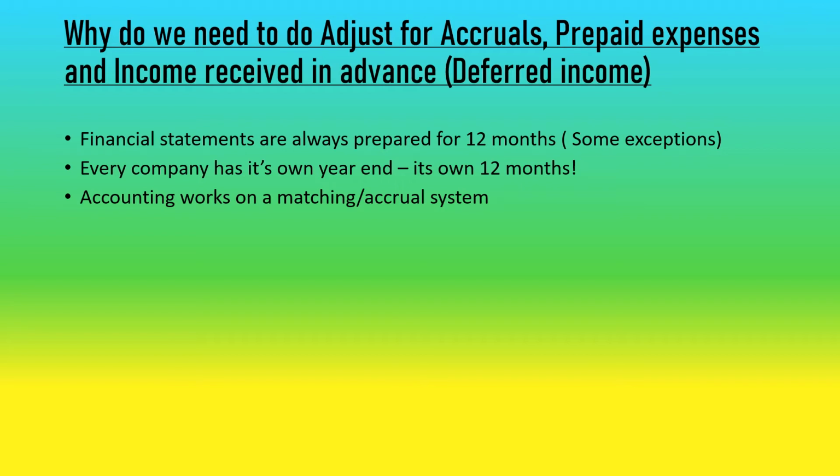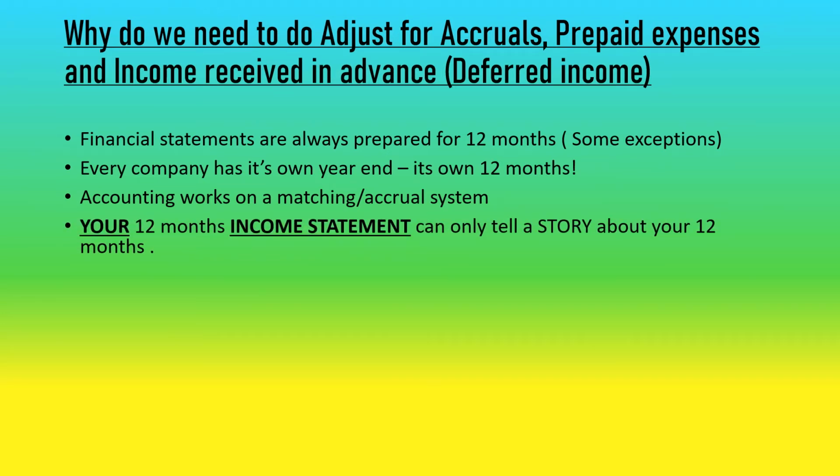You need to match your income and expenses to the year. So your 12 months income statement, specifically your income statement, must tell you a story of 12 months. Your income statement cannot tell a story of more than 12 months. That is why we adjust.